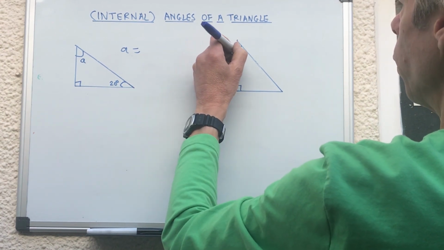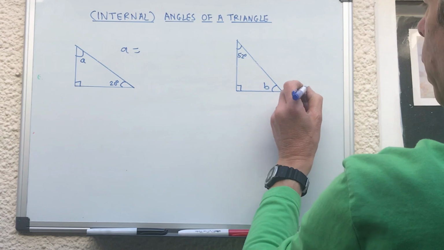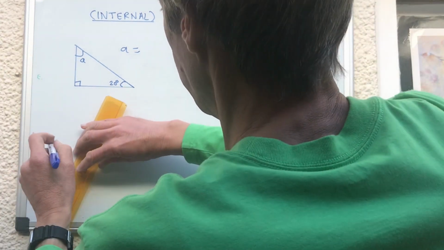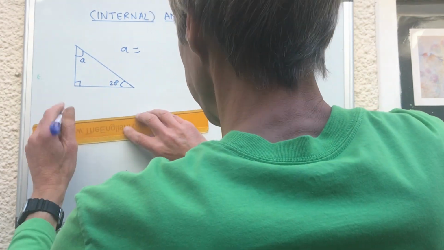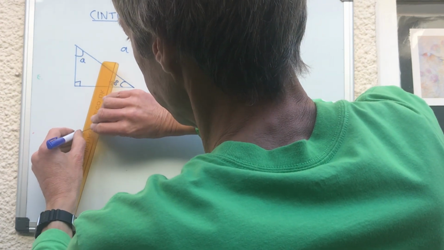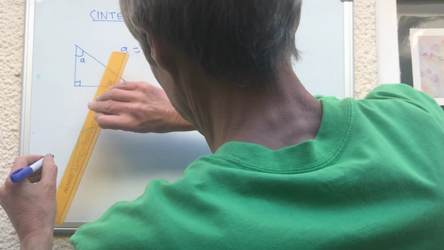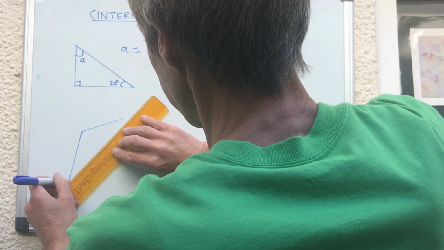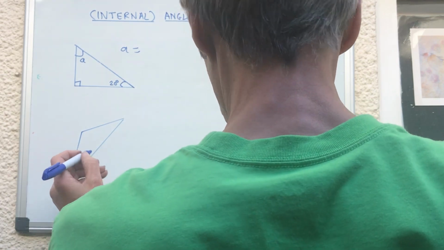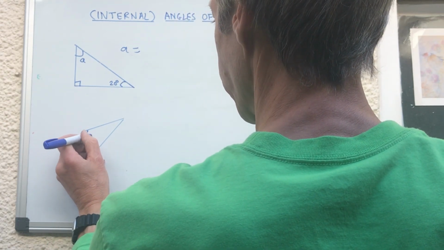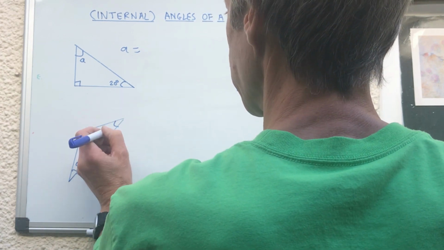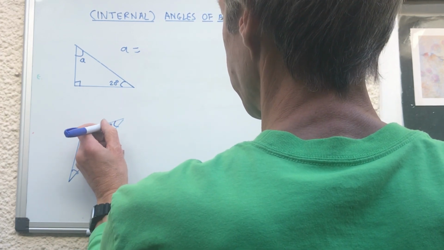So we're told that is 52 degrees, that is B. So you want to know what B equals. Okay, so for this one, we're told that this is 107 degrees. We're told that this is C. We're told this is 39 degrees.